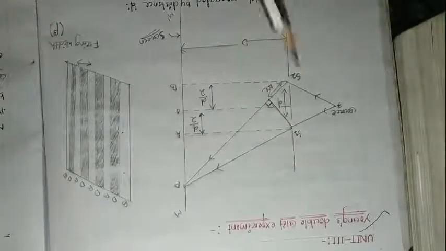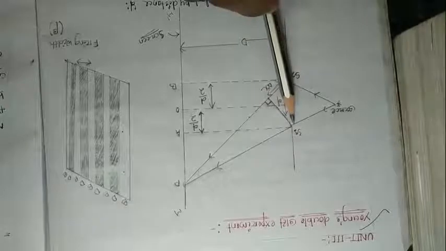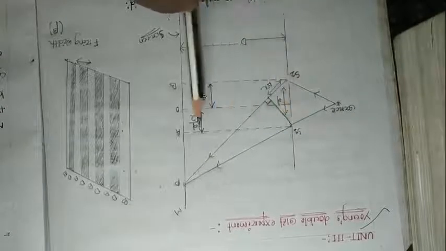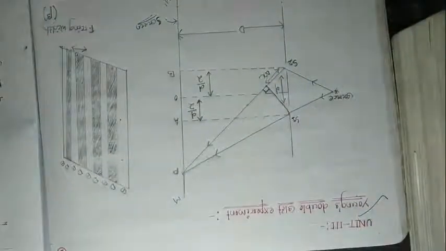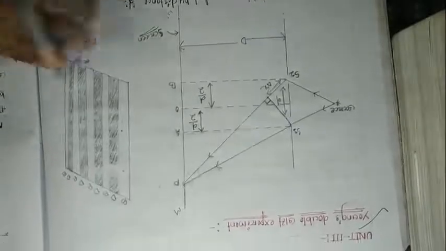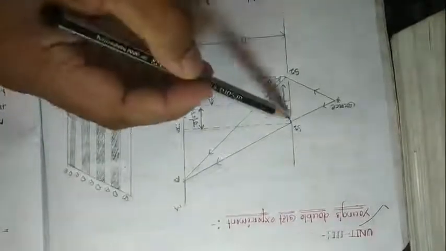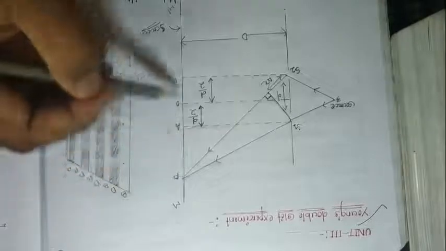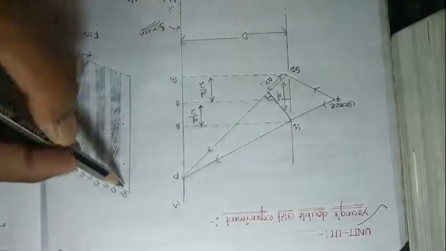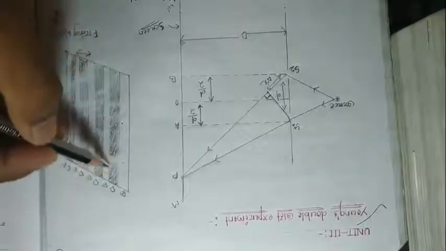The rays that go through the slits S1 and S2, after merging, will fall on this screen. When both rays merge with each other, we can find fringes, somewhere bright, somewhere dark.